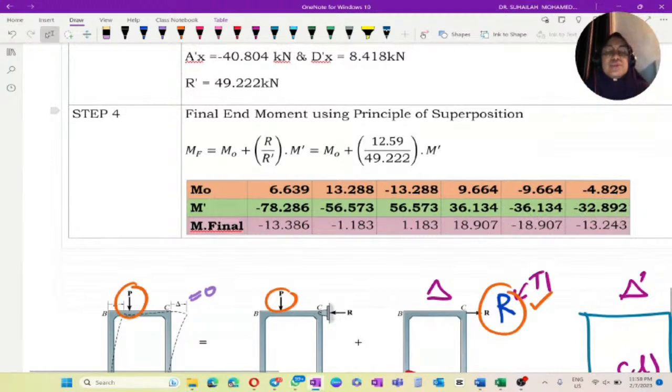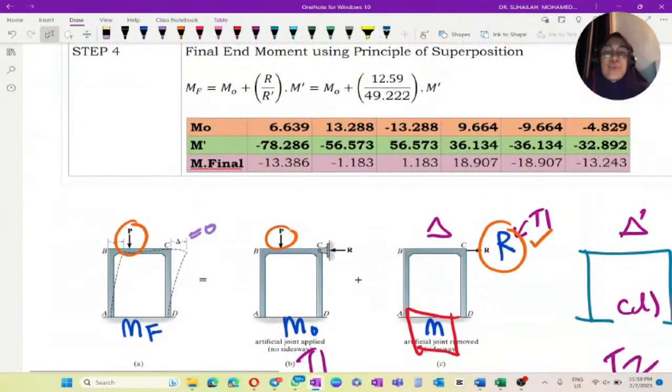Okay, so that is step number 4. We calculate the final end moment using the principle of superposition. We have to understand the concept, where we analyze table number 1 for M naught based on diagram B, and we calculate table 2 based on diagram D, not diagram C. That is why under part 2, the side sway frame, we have to put the prime.